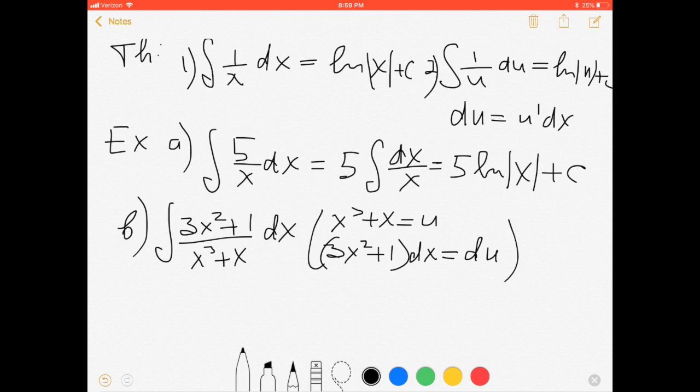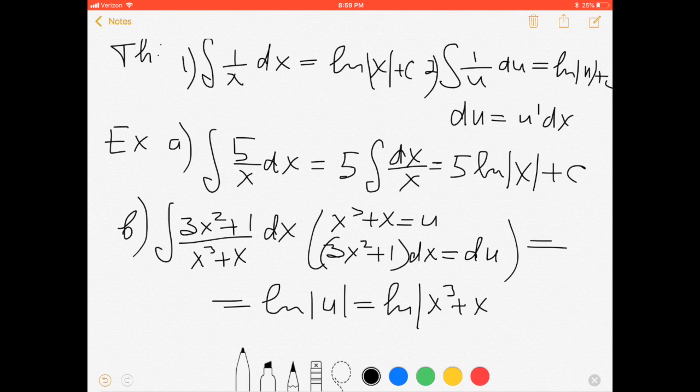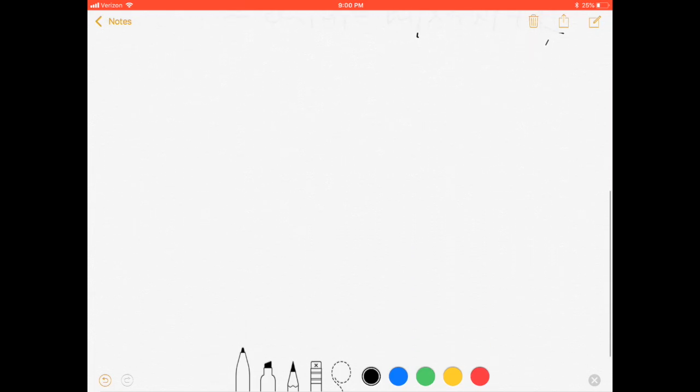This means you have du over u, so you have a natural log absolute value of u, which means natural log absolute value x cubed plus x, plus c.